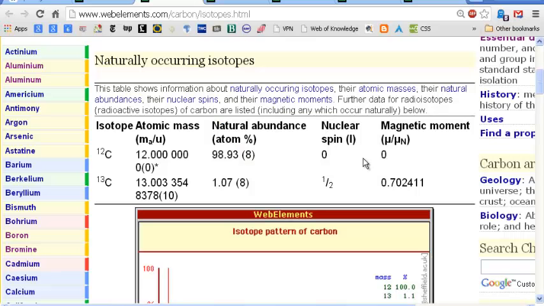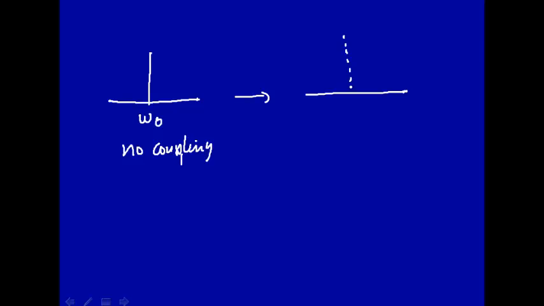So what one ends up with is a spectrum that is split into a doublet. So here is no coupling. This occurs at omega 0, no coupling. With the spin-spin coupling, here is that original, but it's now split down, lower energy and higher energy by the same amount. So now we have a doublet. So it went from a singlet to a doublet.